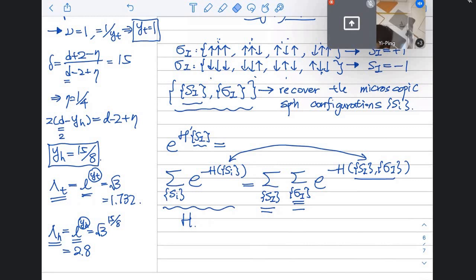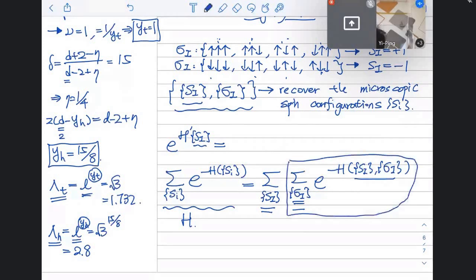But what we are trying to achieve is to get this part and express it as this thing. I should keep my notation consistent. There should be no minus sign, because I used minus beta in the previous notation.